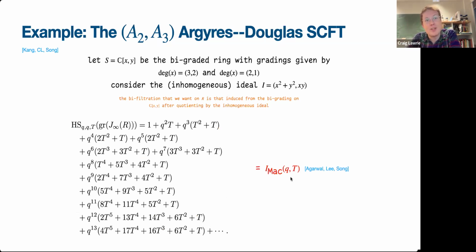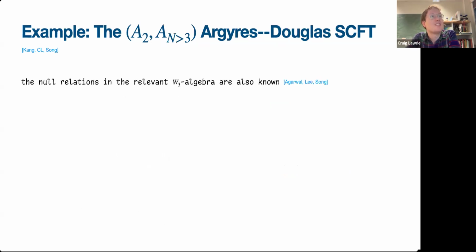And this all matches with the expected expression, which was worked out by Agarwal-Lee-Song in terms of the W algebra, and then there are other expressions worked out in terms of the refined character of the W algebra as well. So this is great.